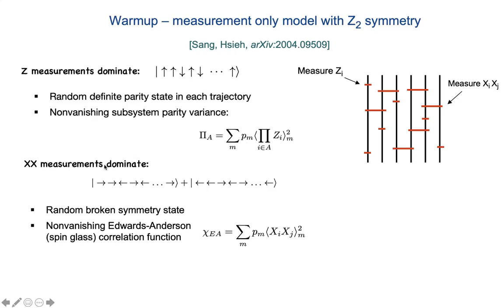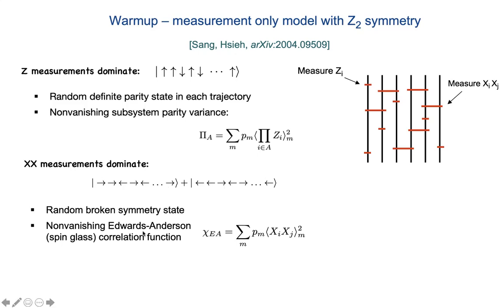I also expect another phase when the XX measurements dominate, because XX measurements do not completely fix X. If XX is positive, it will project you to the state with minus X plus the state with plus X. Then you will have dominating configurations that are cat states like that, where you have a broken symmetry state, but in some random configuration.